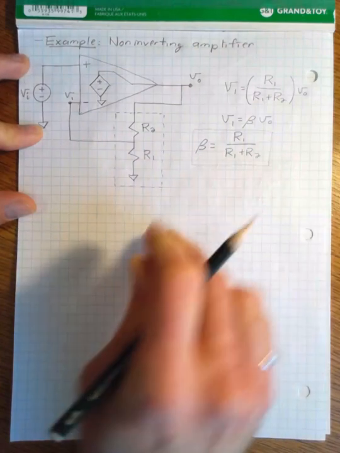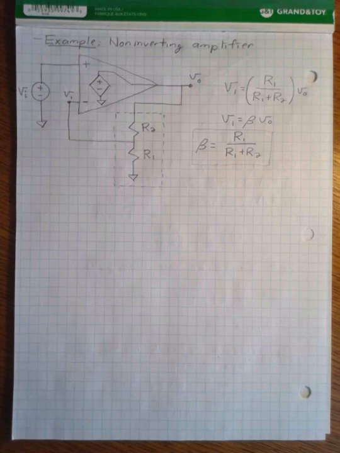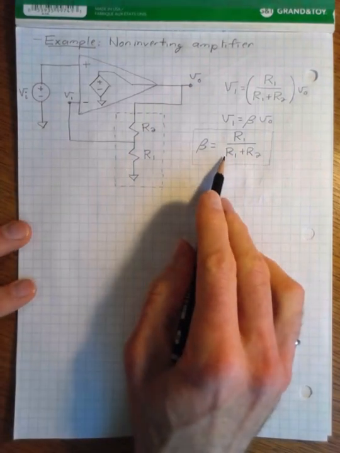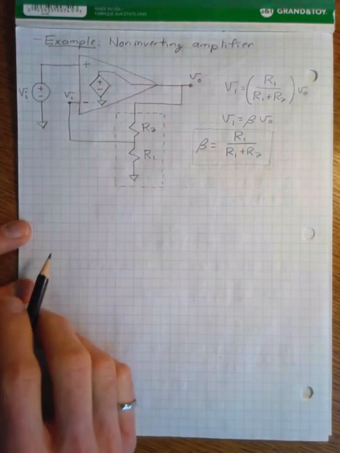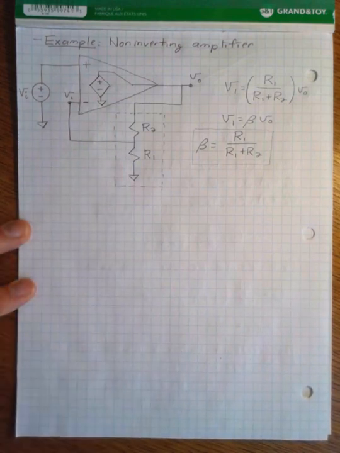And that's really important. This beta is not some kind of mysterious floating factor that can't be understood. It is just the attenuation of these resistances in our feedback network. So again, pause, think about that, and make sure you're comfortable with that idea before we move on.